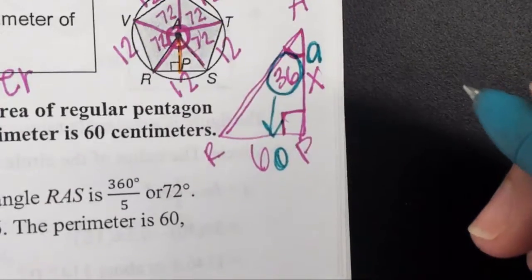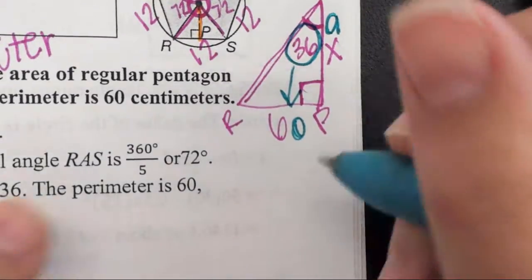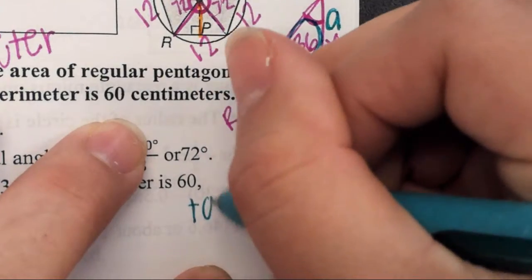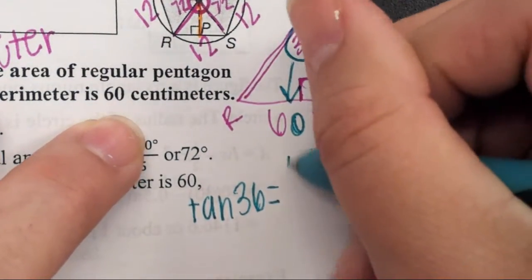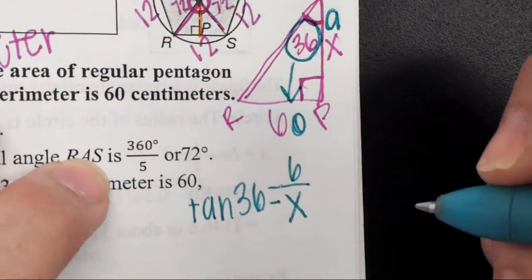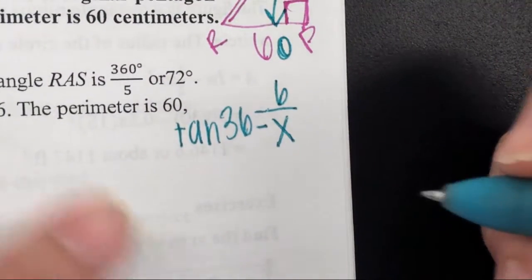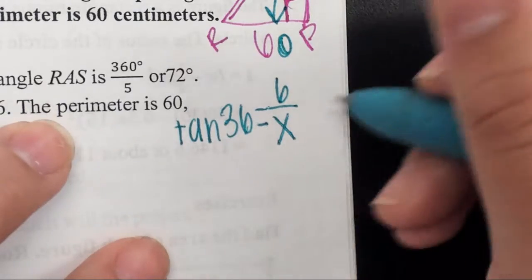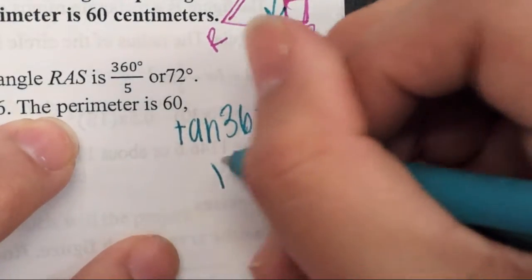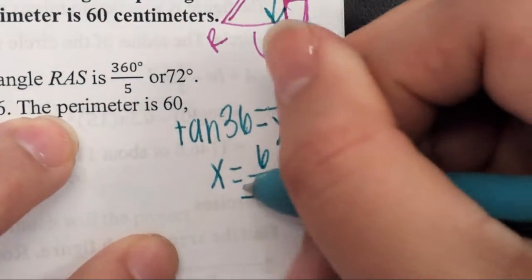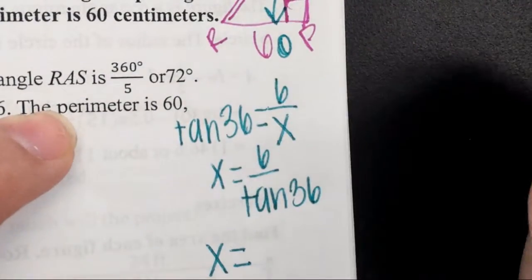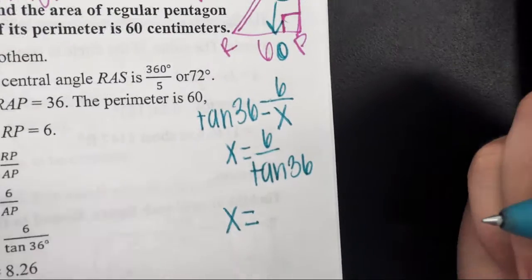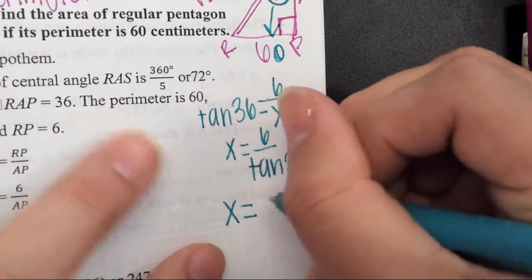So we use tangent. Tangent of 36 equals opposite over adjacent, which is 6 divided by x. When x is down low, switch them: x is 6 divided by tangent of 36, so x is equal to 8.26.